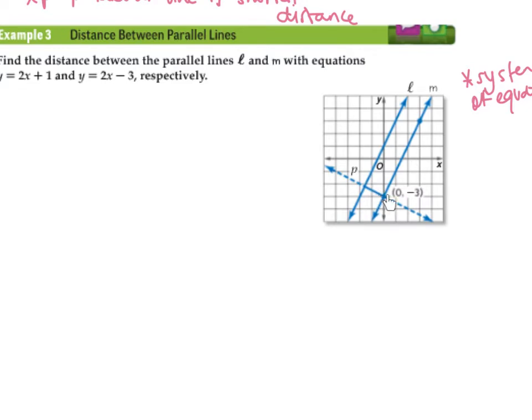We already have one intersection point right here. Notice this is the y-intercept of line M. We just need to find this last point right here, okay? So we'll call this point Q, all right?